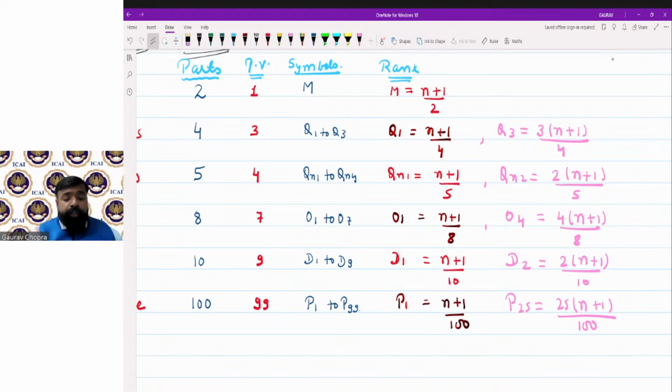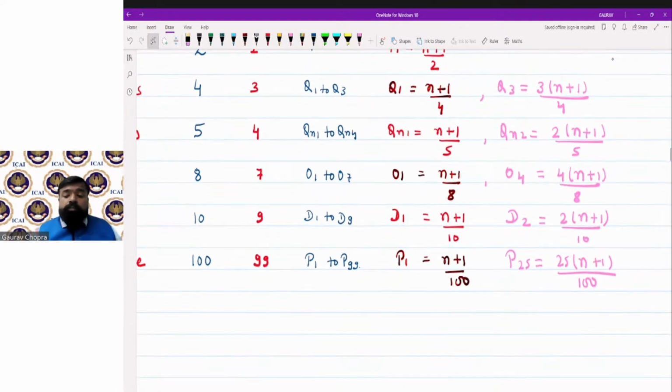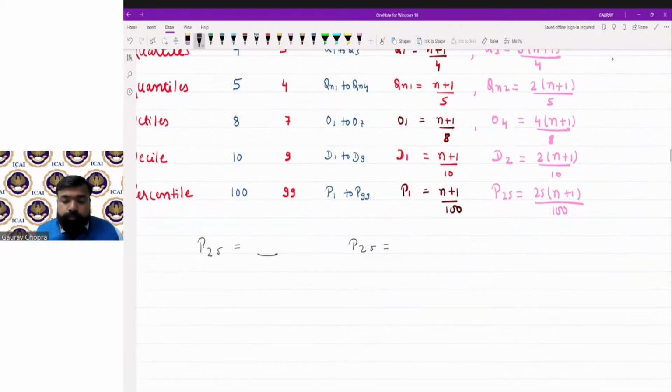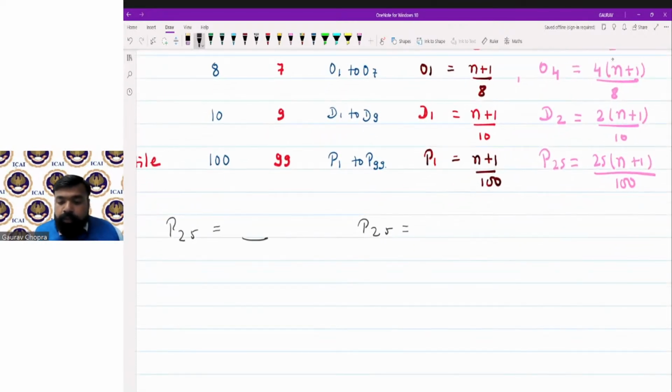Now, sometimes there comes a theoretical question like P25 is equal to which value? The question is asking P25 is equal to dash. So we know that P25 is equal to 25 into n plus 1 upon 100.